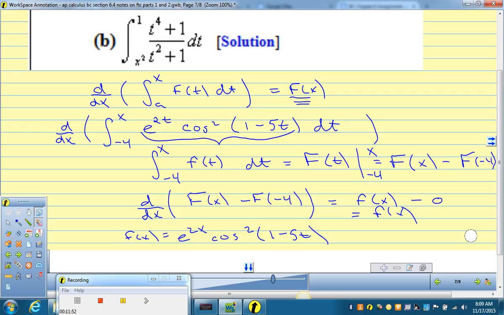No, you do not. When you see that you are taking the derivative with respect to x of a definite integral from a to x of some function, then you can just tell me it's going to be this function evaluated at x.